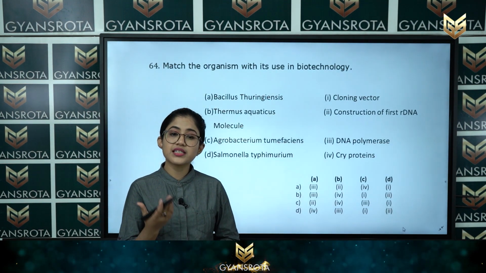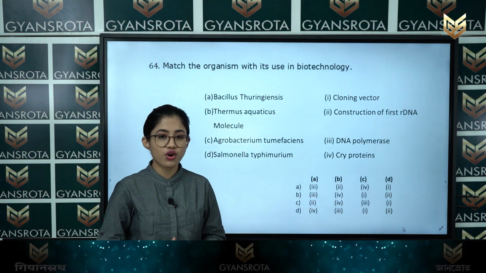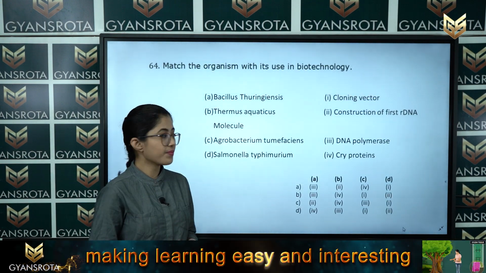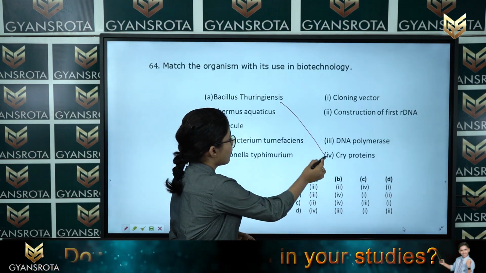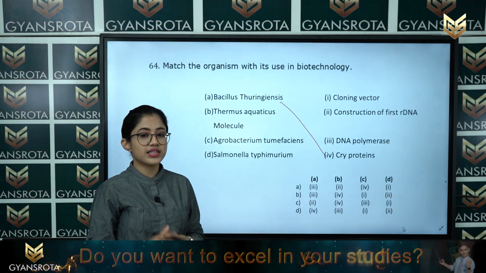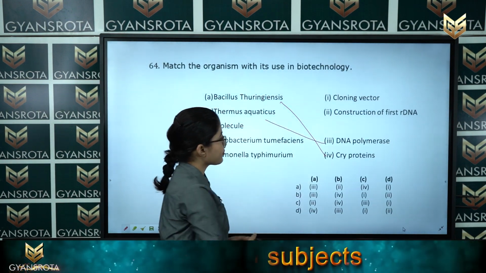First one is Bacillus thuringiensis. Their use is that it helps in the production of proteins because of the presence of the gene, right? So it will match with 4, that is proteins. Next is Thermus aquaticus. It will match with DNA polymerase, right?